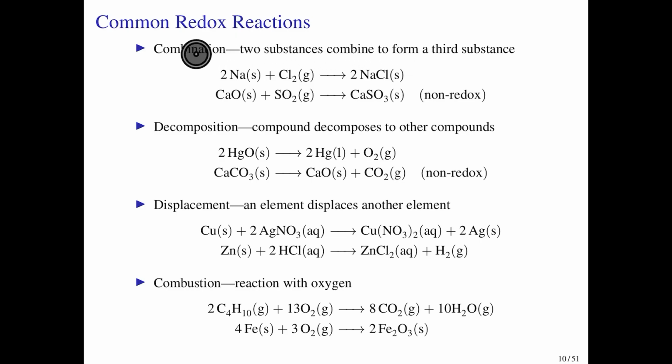Now, one way you can know right away that this is a redox reaction is to recognize that you've got elements on one side and non-elements on the other. By definition, the oxidation numbers of the elements are going to change when you form a compound, right? The oxidation number of sodium is 0.